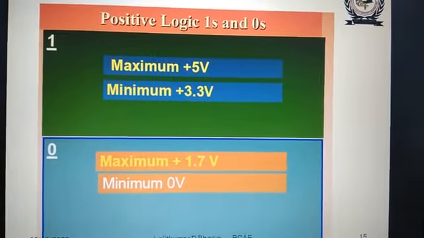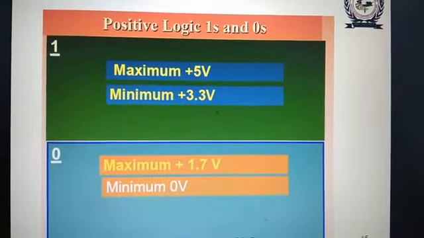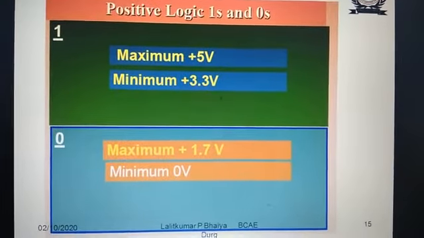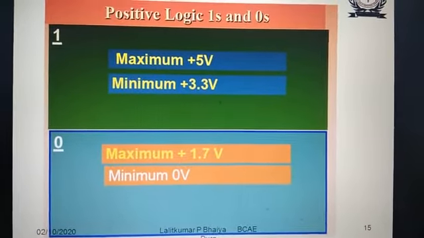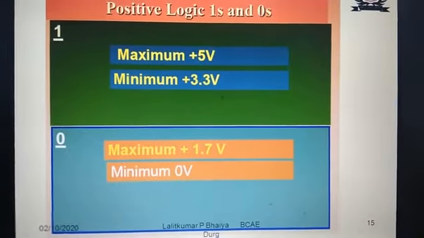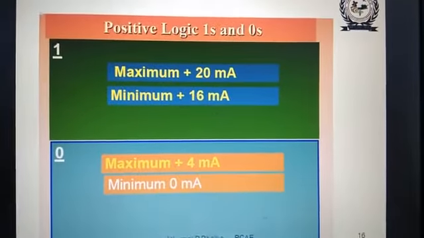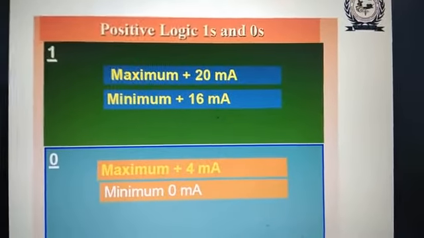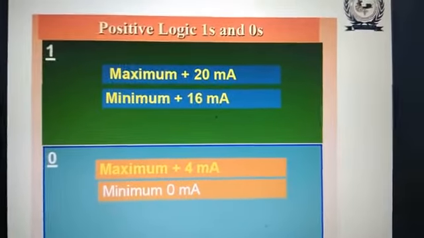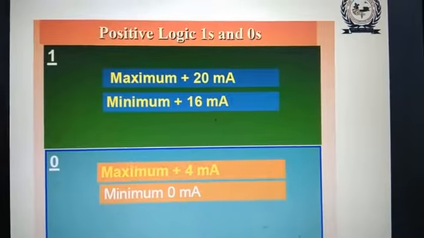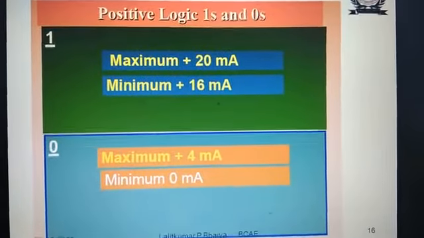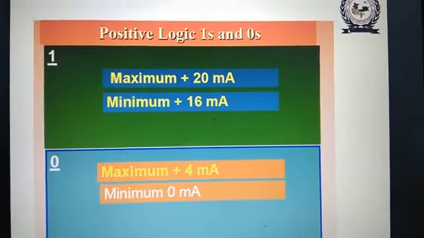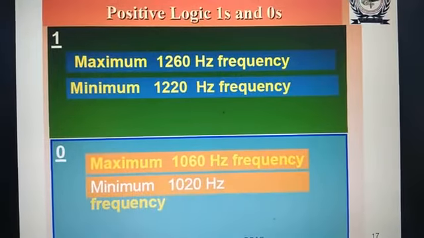Here is another example: 1 may be considered plus 5 volt maximum and minimum plus 3.3 volt. 0 can be considered as maximum plus 1.7 volt and minimum 0 volt. In terms of currents, maximum may be plus 20 milliampere and minimum plus 16 milliampere for logic 1, and maximum plus 4 milliampere and minimum 0 milliampere for logic 0.